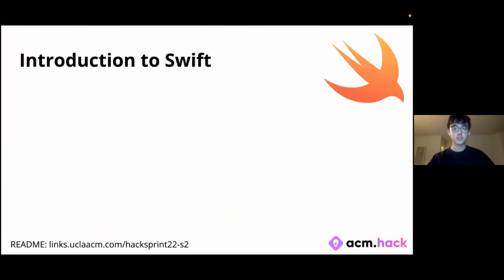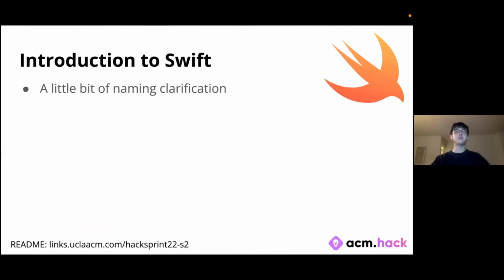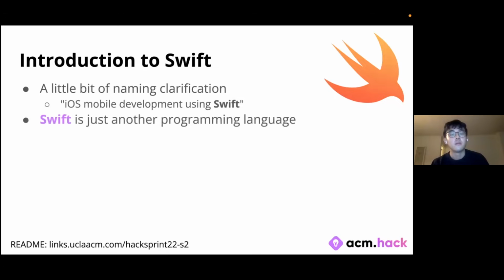Also, I want to reiterate on last week, where we saw a bit of confusion regarding naming. When people say iOS mobile development using Swift, like I'm creating an iOS mobile app using Swift, what they actually mean is that they're making apps using the Swift programming language, and Swift is just another programming language, just like Python, just like C++, right?